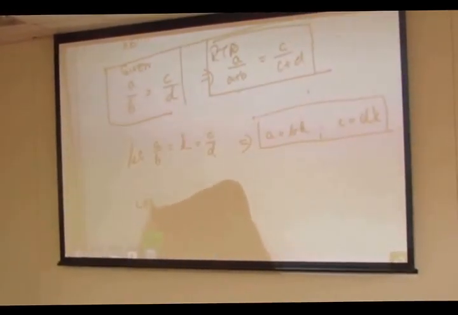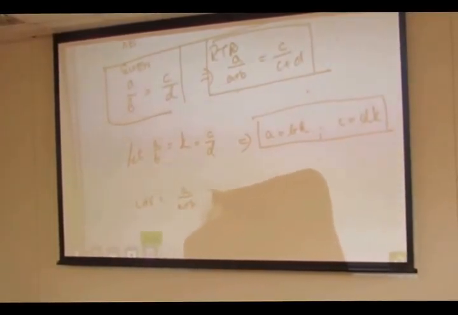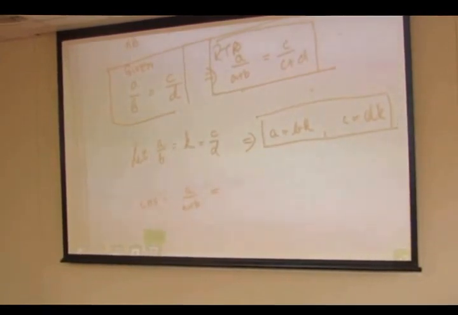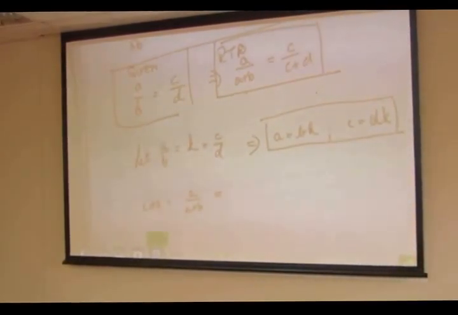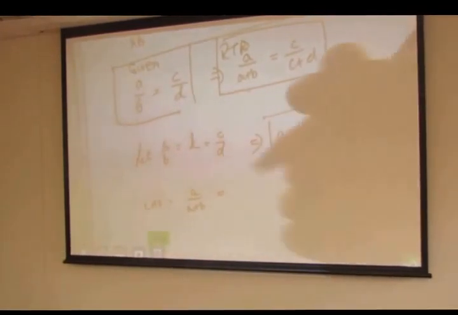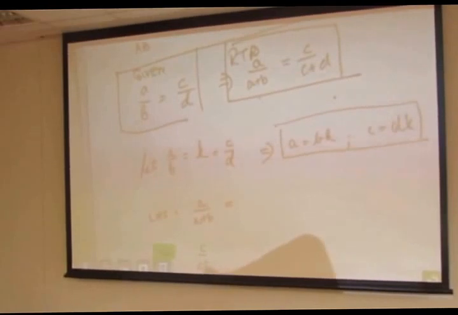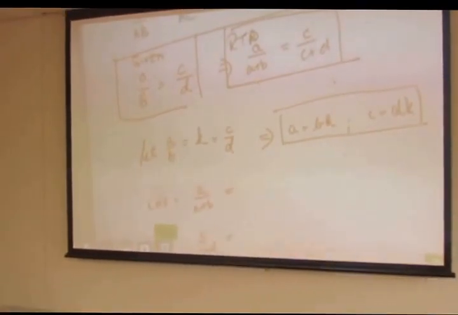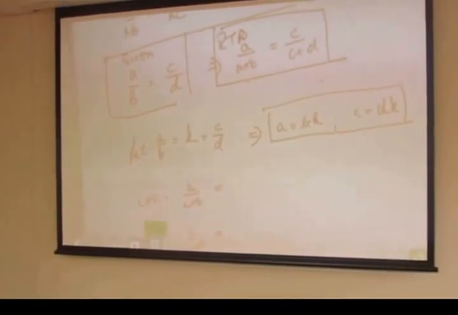In other words, if you take the left-hand side of the required to prove, which is A over A plus B, and substitute for the A in there, you'll get an answer. And if you do the same for the right-hand side, C over C plus D, you'll get the same answer there, and you will have a proof.